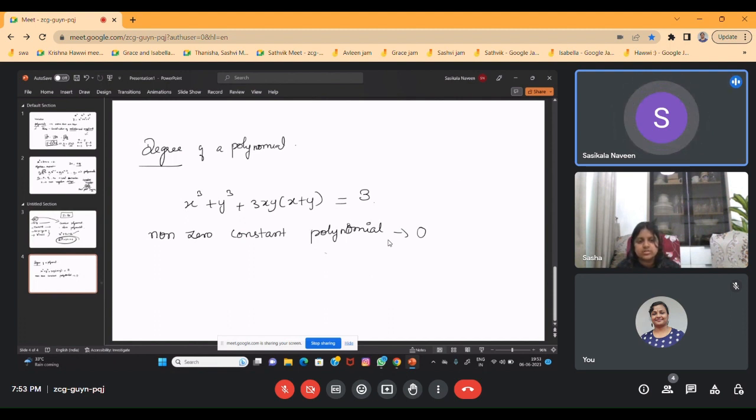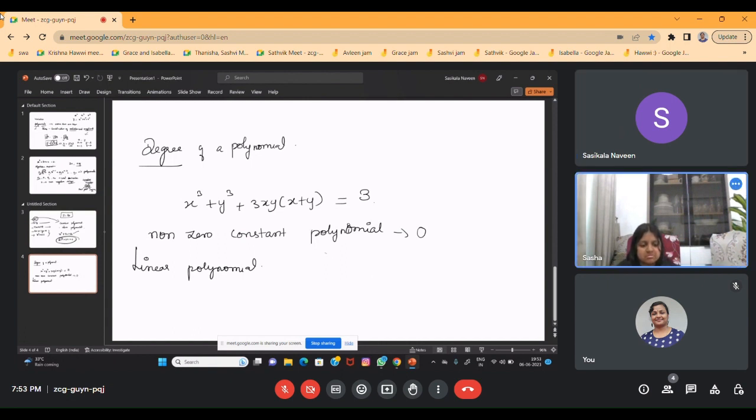Apart from this, we have three more types. Linear polynomial. What's the meaning of linear? If a polynomial has degree 1, then that polynomial is called linear polynomial.